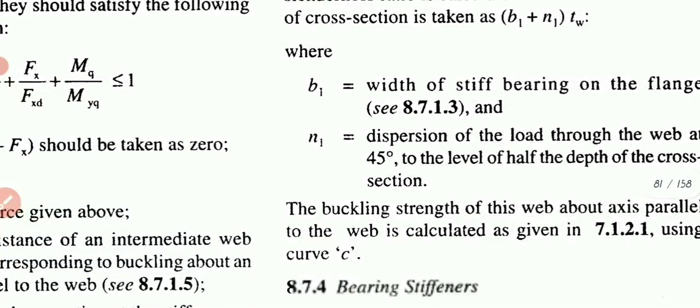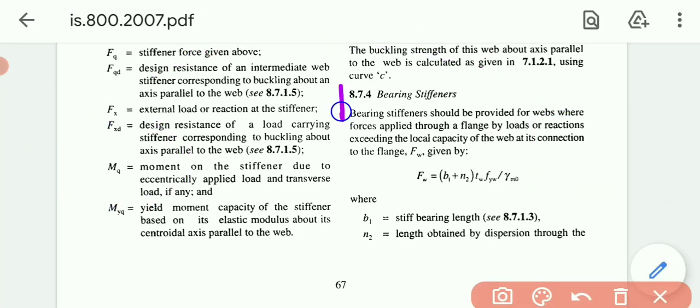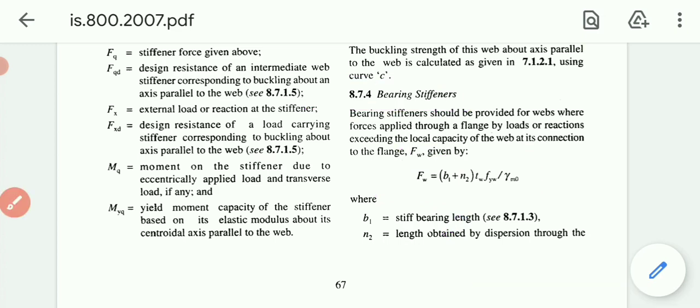See, bearing stiffener, this indicates the local capacity of the web. Local capacity of web, FW, formula stands for (B1 plus N2) multiplied by TW into FYW divided by gamma m0. What does this indicate? Local capacity of the web. This indicates the web is capable of carrying this much force. So let's just calculate this.